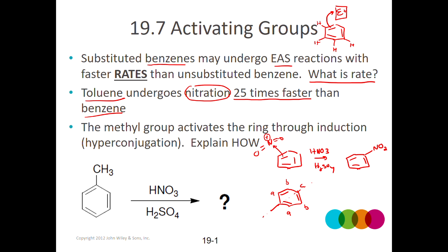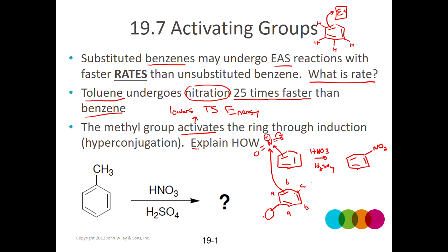During the attack, during the transition state of that attack, if the attack occurs with toluene instead, it occurs 25 times faster or more often. So that tells me that the transition state energy is lowered by the presence of this methyl group. Or in other words, the methyl group activates the ring. What we mean there is that it lowers the transition state energy.